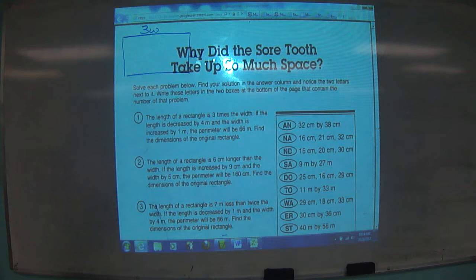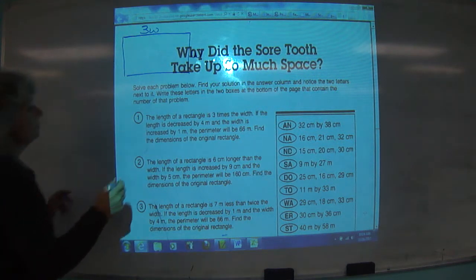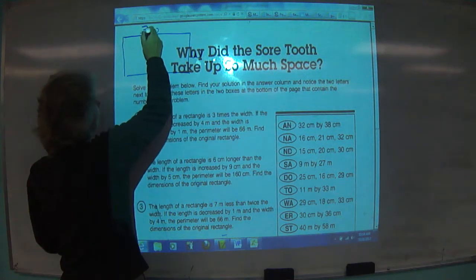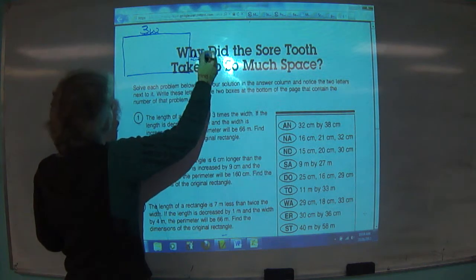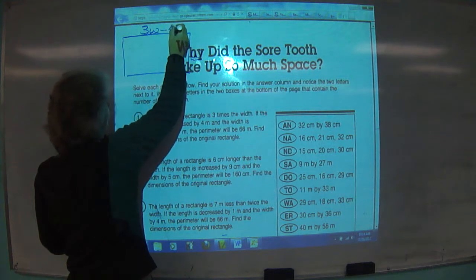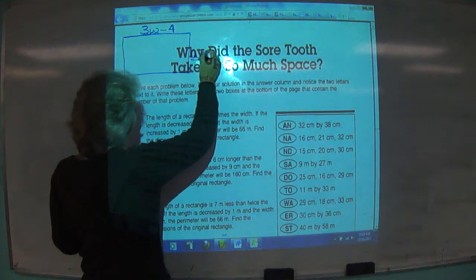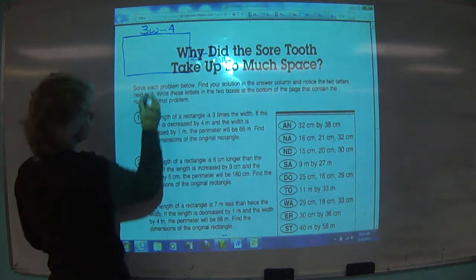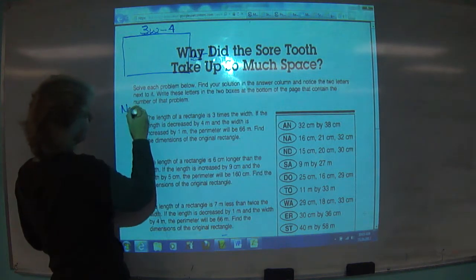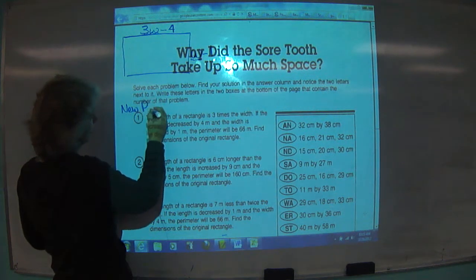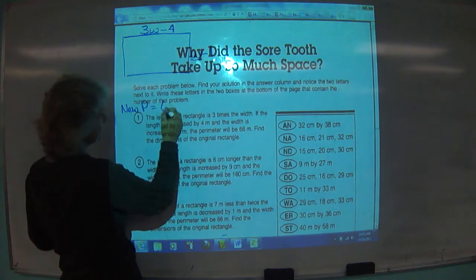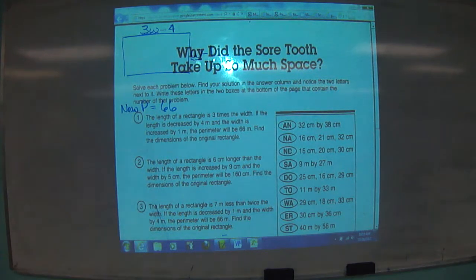And they say if the length is decreased by 4 meters, and the width is decreased by 1, the new perimeter would be 66.